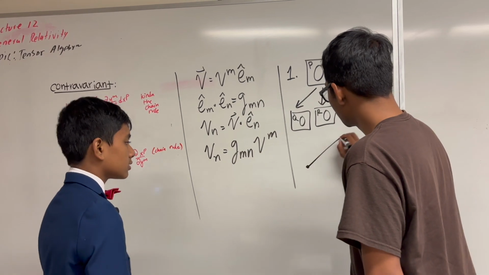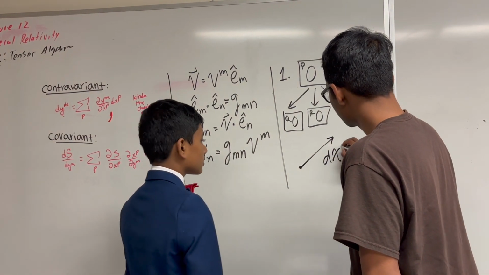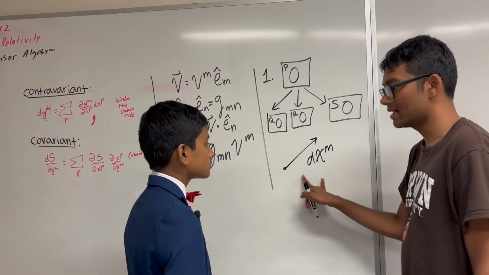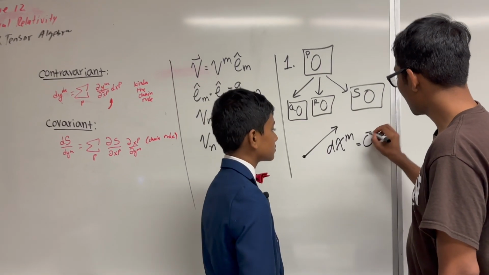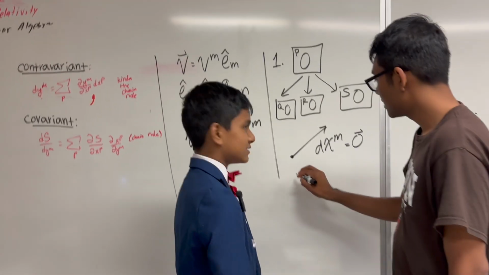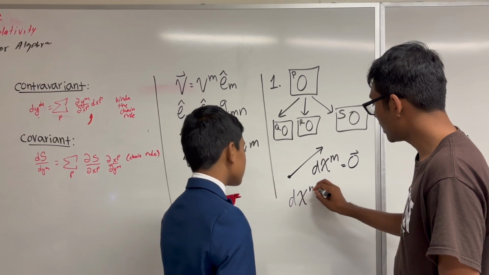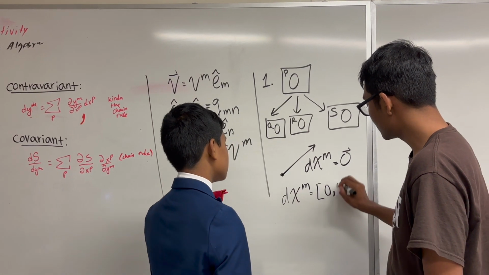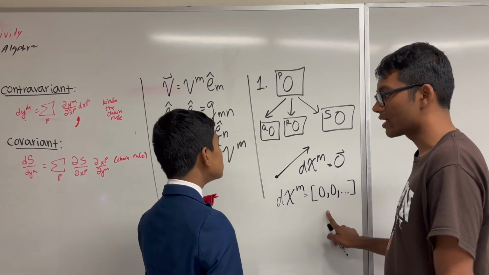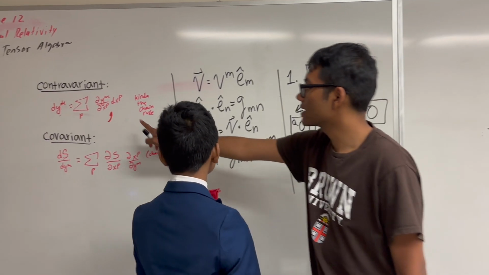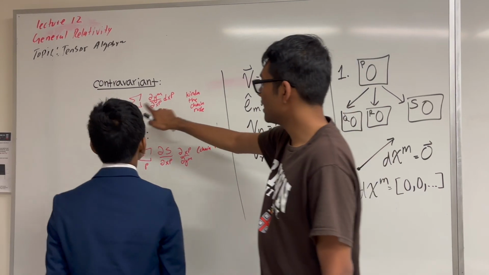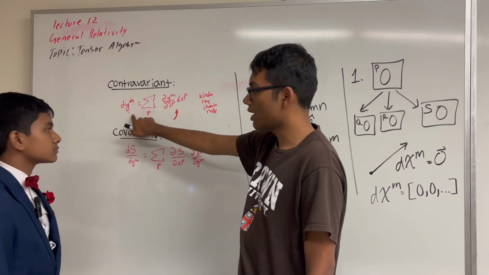That's right. Let's say you have this small step, dx^m. If this small step happens to be the 0 vector, then for all m, this vector is just the 0 vector. If I plug that in here, then in any other coordinate frame, what is dy^m?